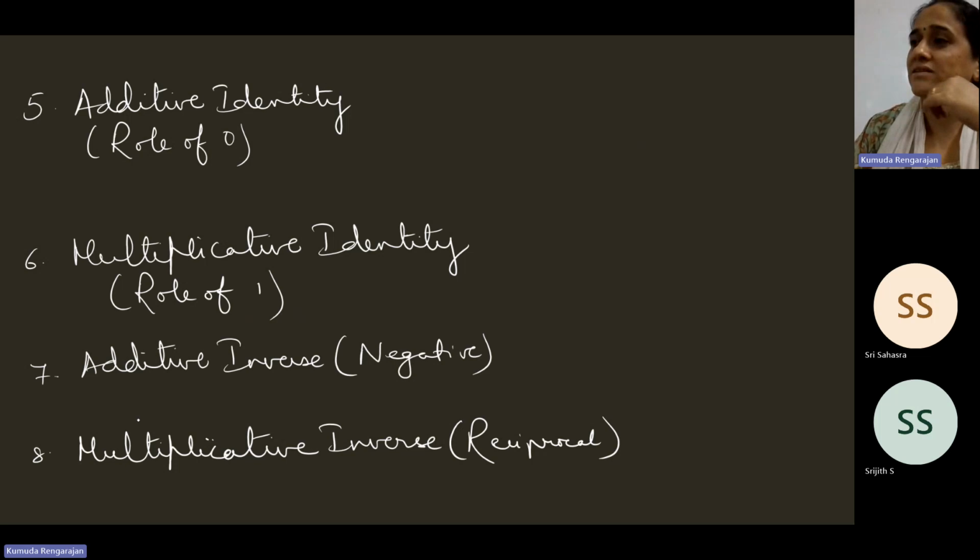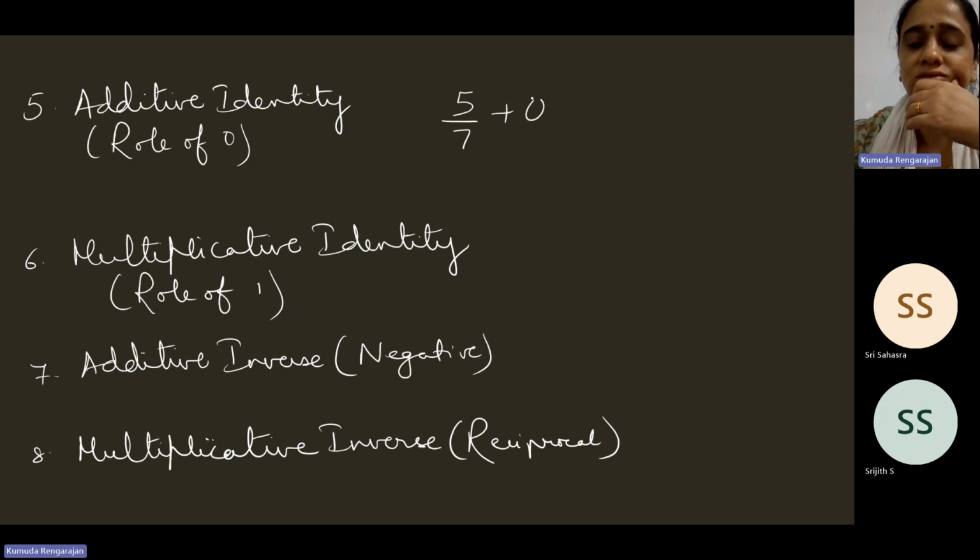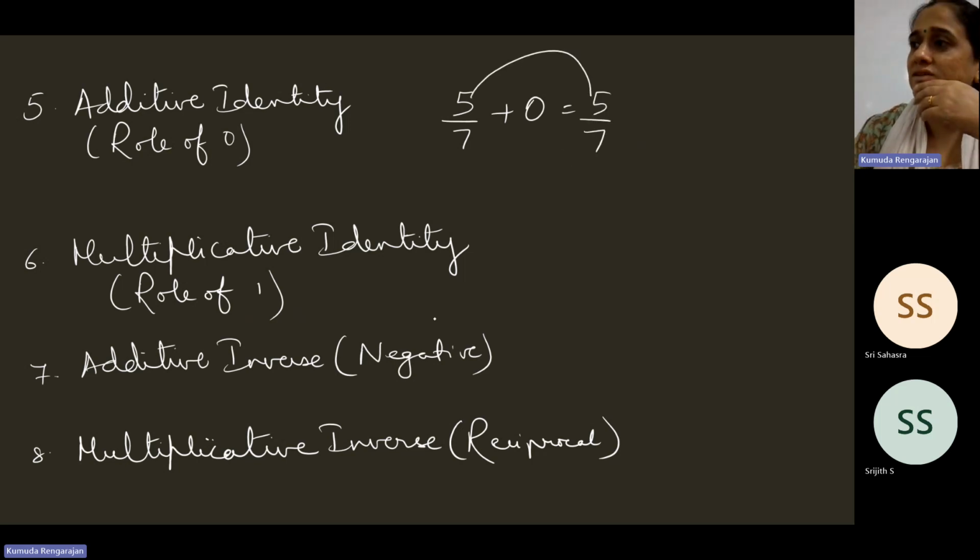What is identity? Identical means the same answer as the rational number which you have used. So on adding, when will you get the same rational number as the answer? When you add 0. So the rational number says 5 by 7. You add 0 to this. What will you get? 5 by 7 itself. Same answer, identical answer. And what operation are you doing?